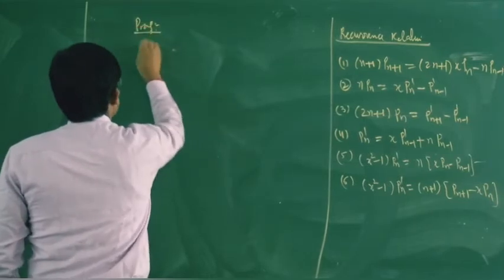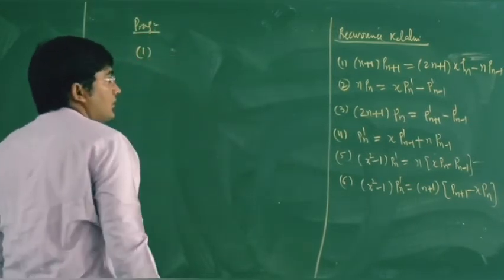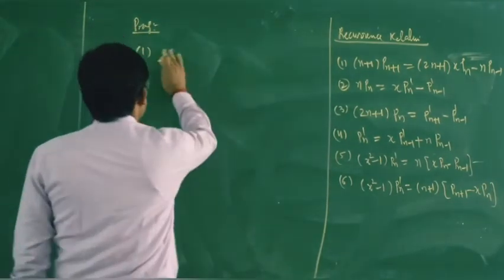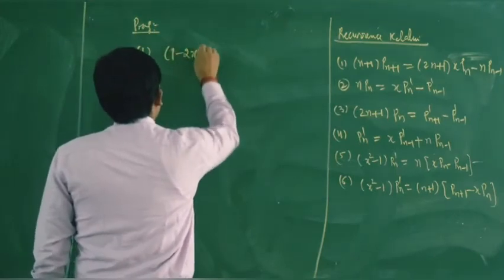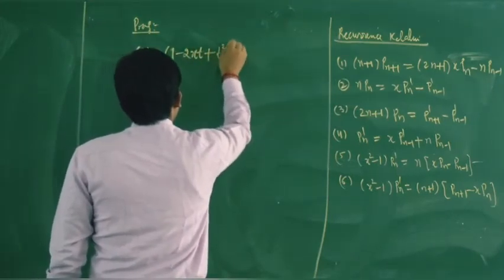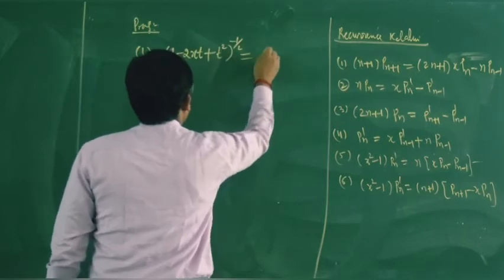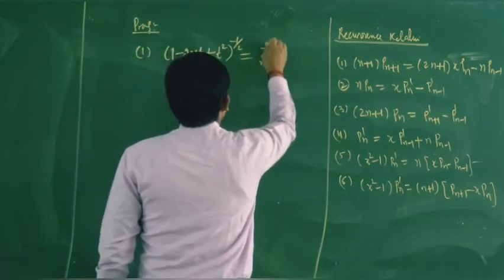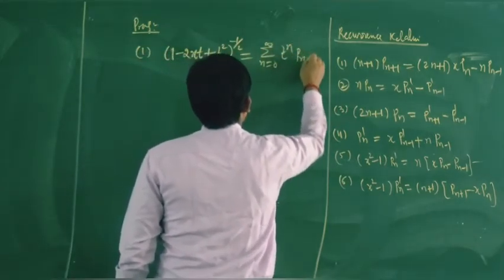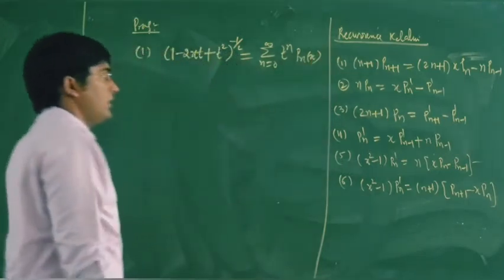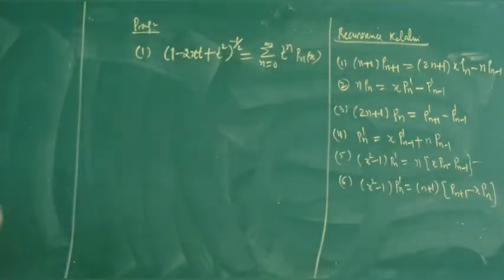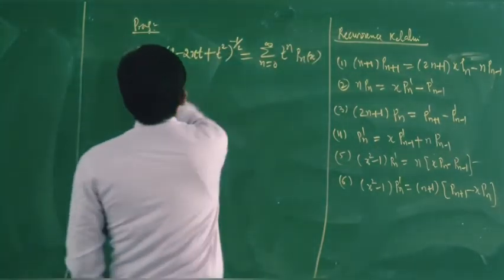For that let us use the generating function, which is (1 minus 2xt plus t square) power minus half is equal to this one. Say this is your equation number 1.